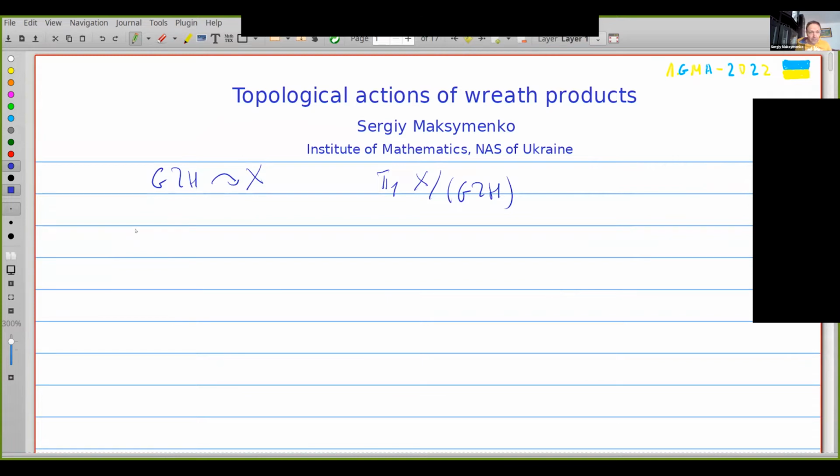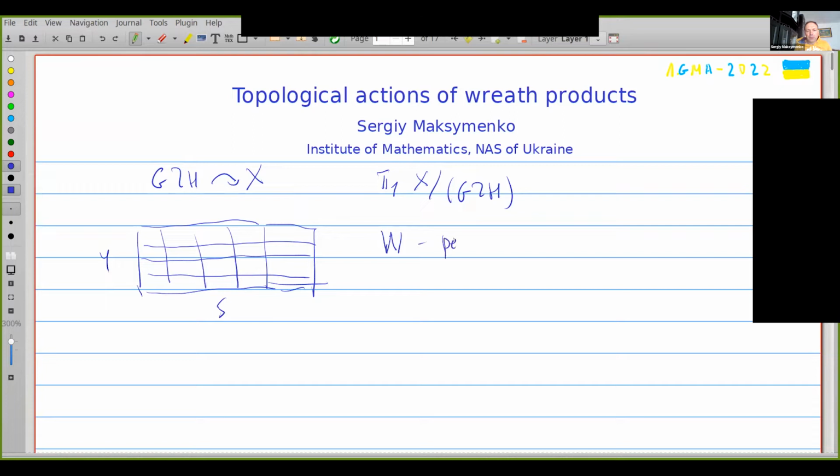I will start from an example. For instance, consider this table of this kind. You see that here are 5 columns and here 4 cells, and consider the group. Let the group W be the permutations of cells preserving columns.